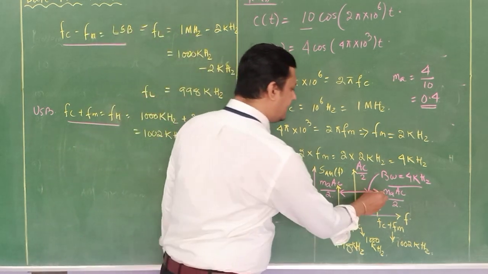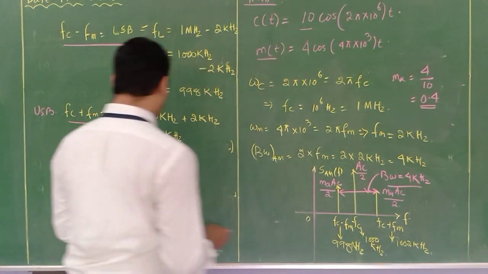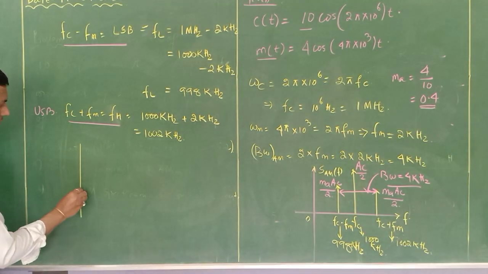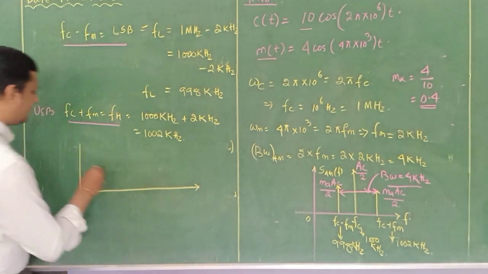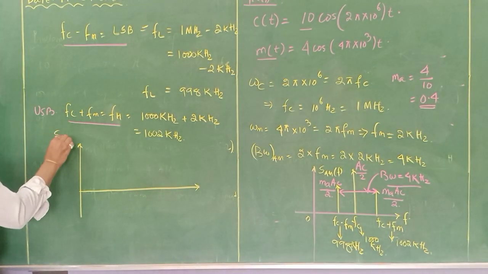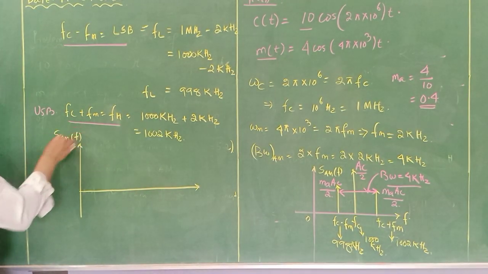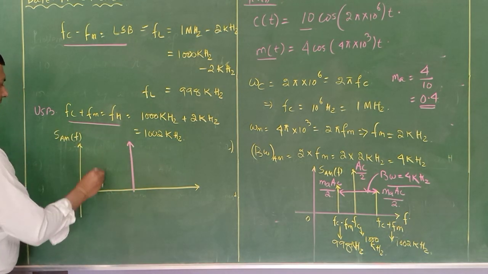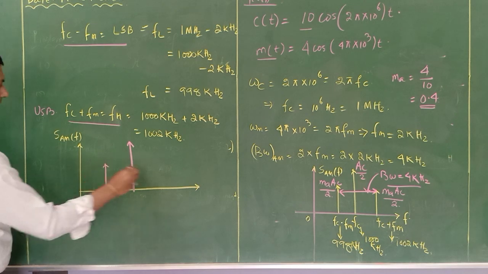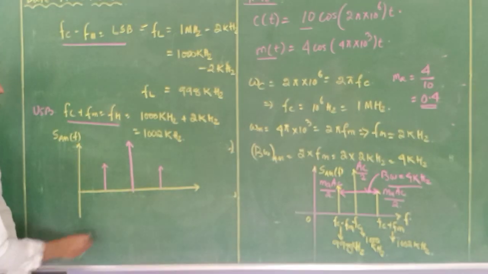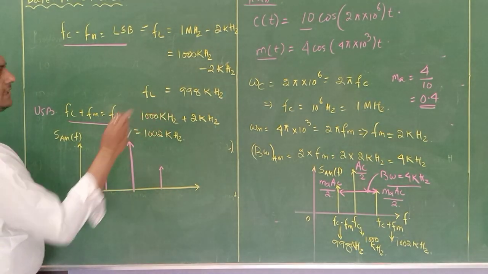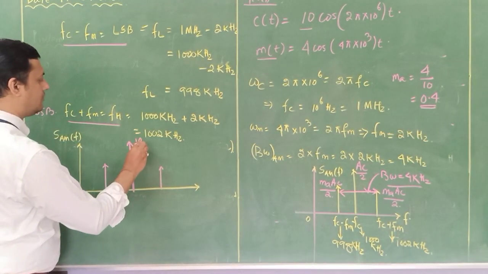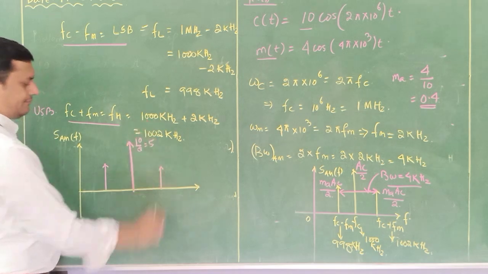So here the amplitude available, I will draw this once again. S suffix AM of f. This is the carrier, these are the sidebands. This amplitude is AC by 2, AC is 10, 10 divided by 2 means it is 5.